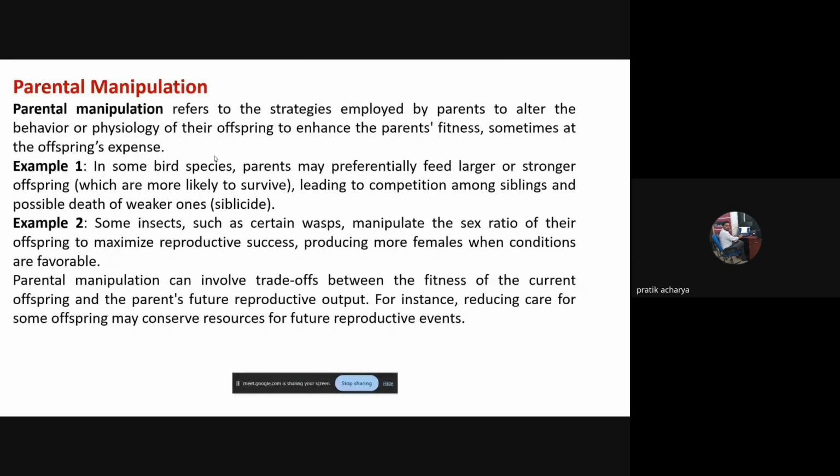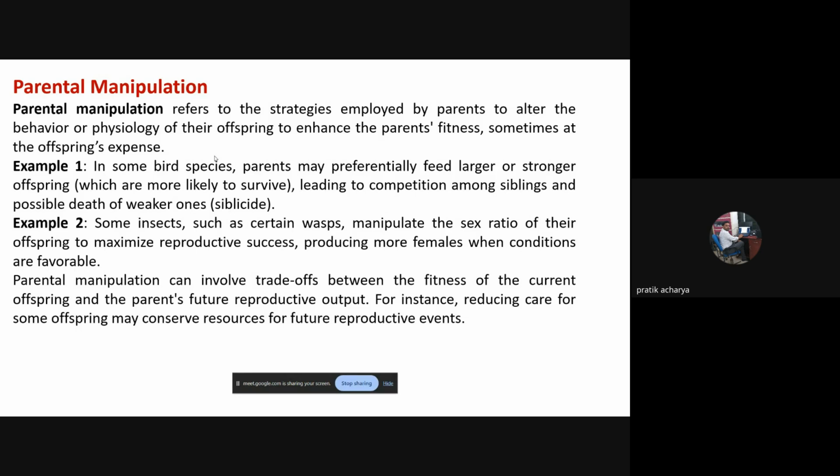So these are parental manipulation. They neglect the other offspring. They only choose the fit offspring and give more food first to the fit offspring, which leads to competition among the siblings and possible death of weaker ones. That is a kind of parental manipulation.